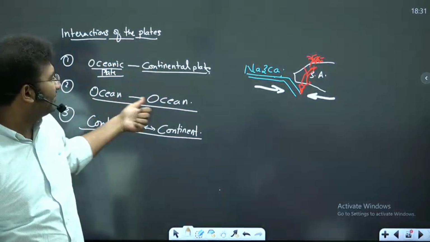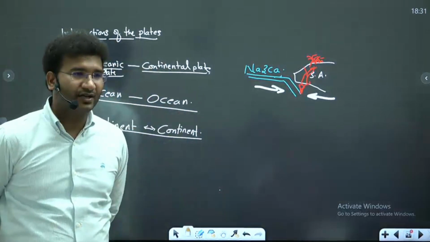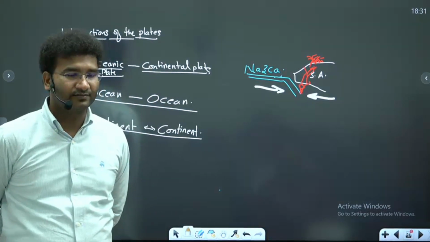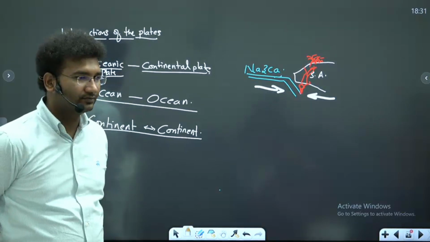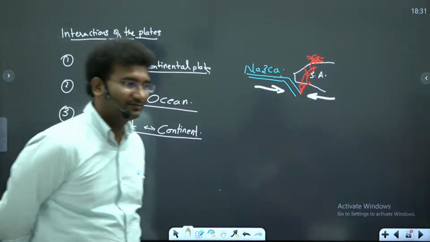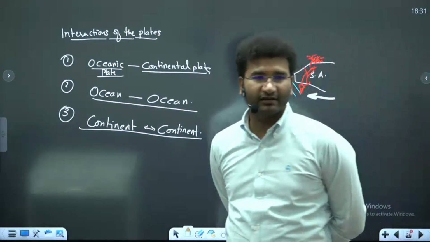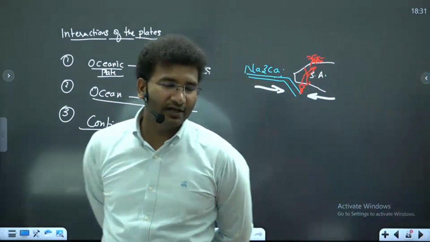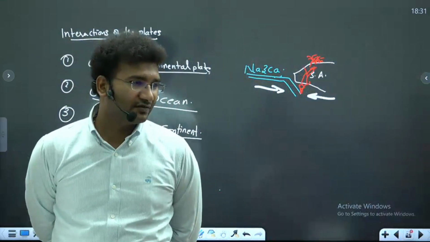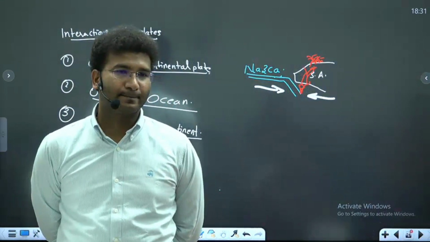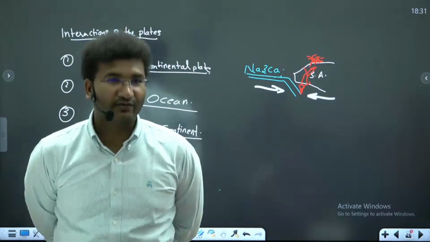Now let's see ocean and ocean convergence. What happens in the case of ocean convergence? Yes, the denser oceanic material will go down. But how will you decide which is denser and which is not? Old oceanic floors, but why?